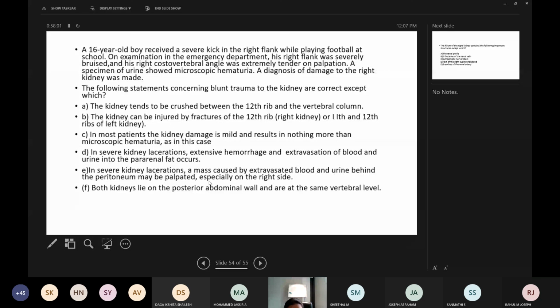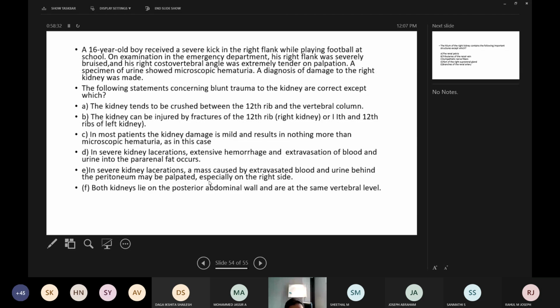The kidney tends to be crushed between the 12th rib and the vertebral column. The kidney can be injured by fractures of the 12th rib or 11th and 12th ribs, as on the left side. In most patients, the kidney damage is mild and results in nothing more than microscopic hematuria, as in this case. In severe kidney lacerations, extensive hemorrhage and extravasation of blood and urine into the pararenal fat occurs.